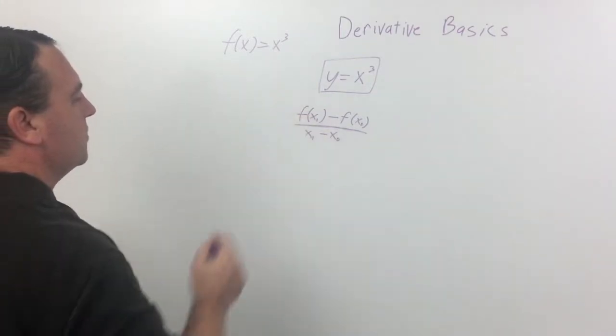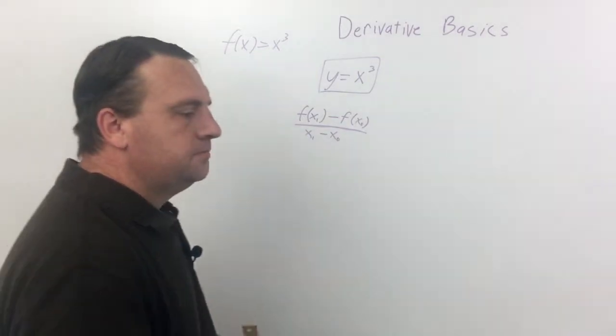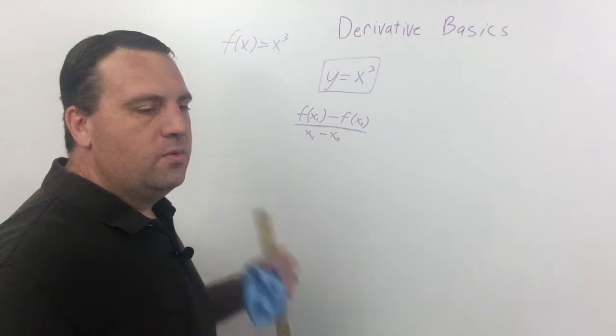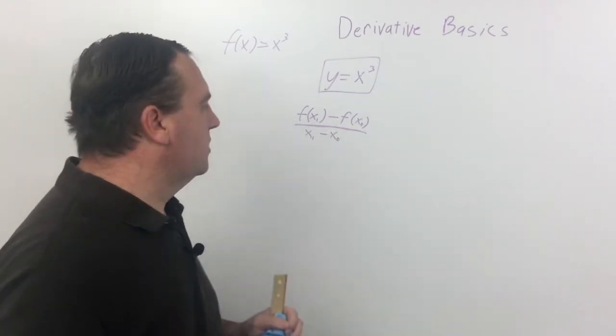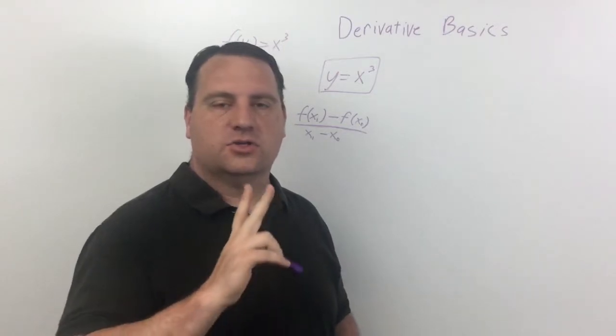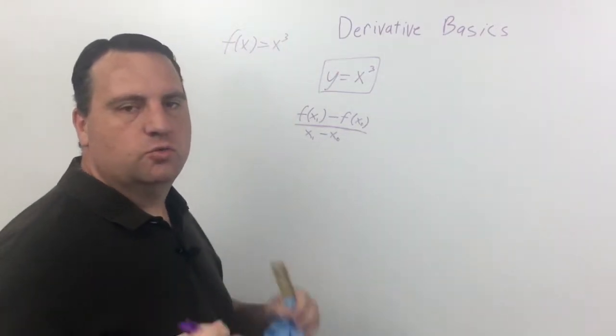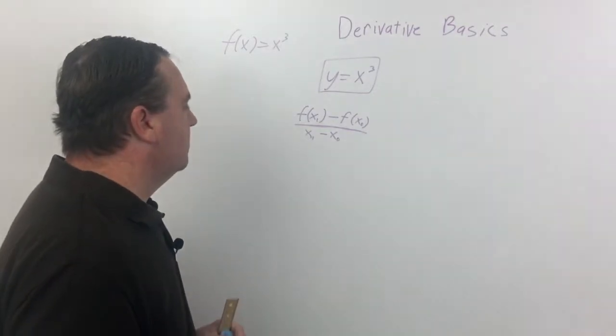So f of x1 minus f of x0. And remember that the process that we're doing is we're actually finding 2 points that are super close together, and we're using h to represent their distance from each other.